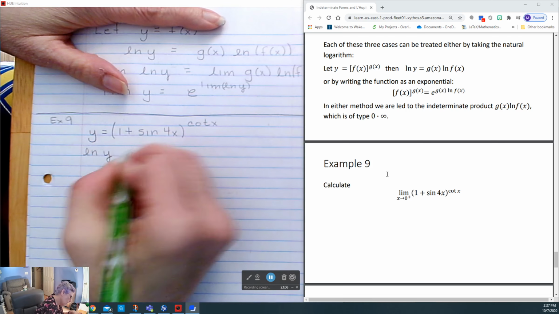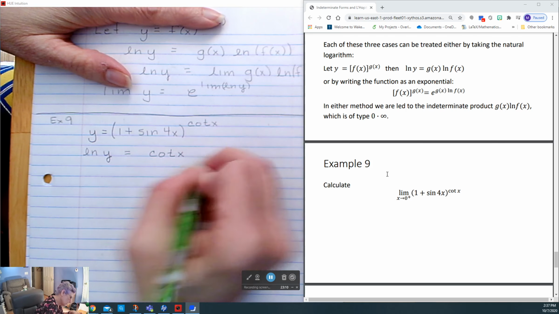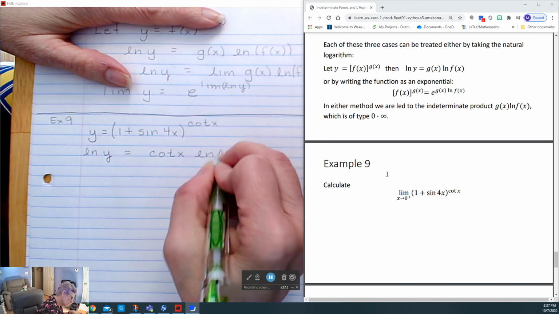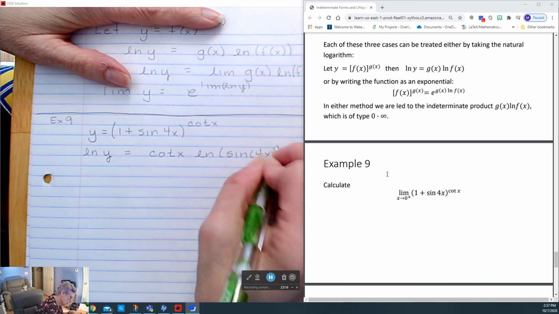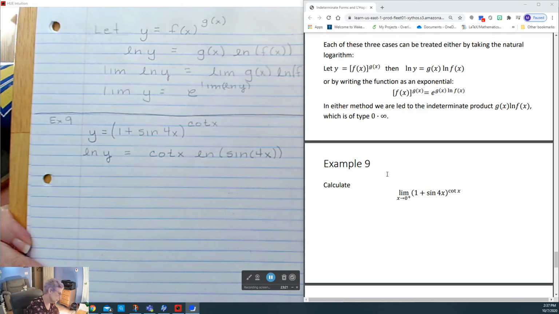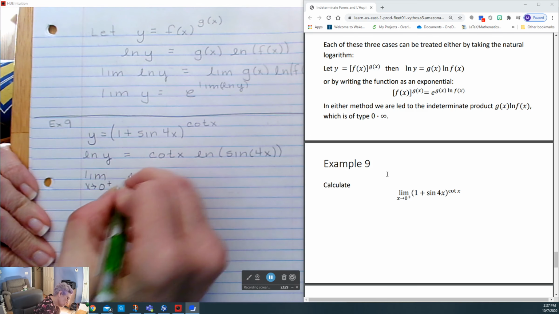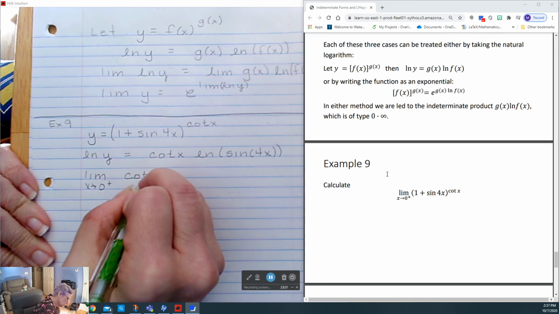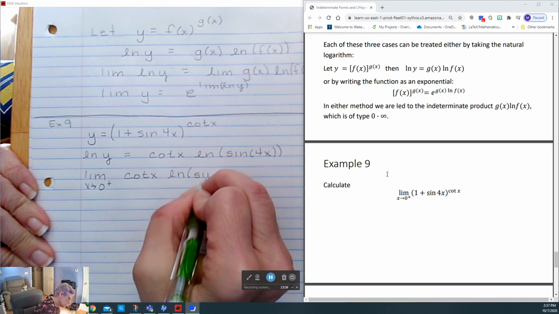So natural log of y is equal to the cotangent of x times the natural log of 1 plus sine of 4x. Now I'm going to take the limit as x approaches 0 from the right of cotangent of x times the natural log of 1 plus sine of 4x.